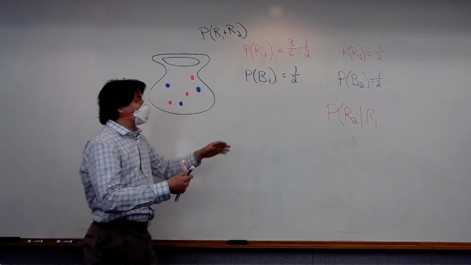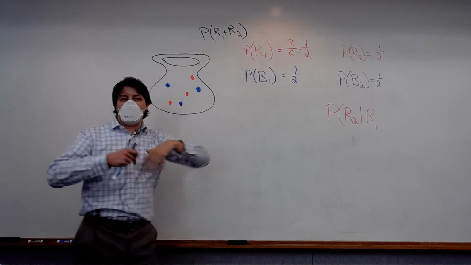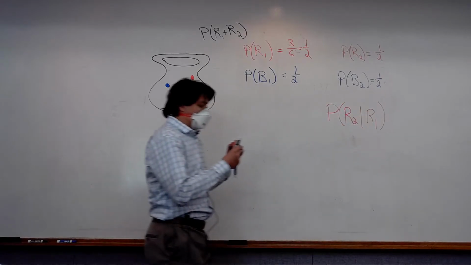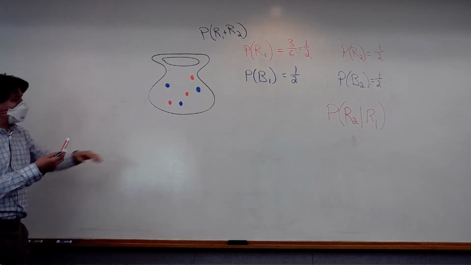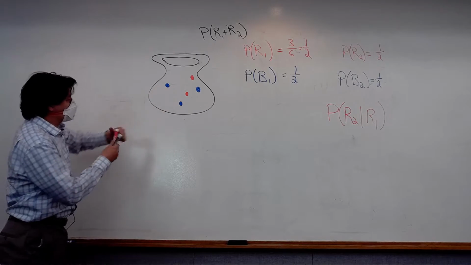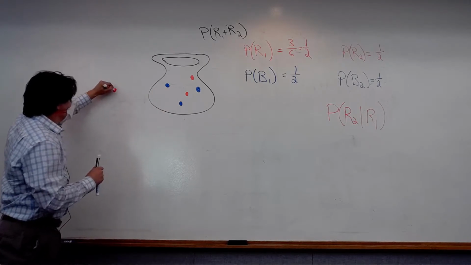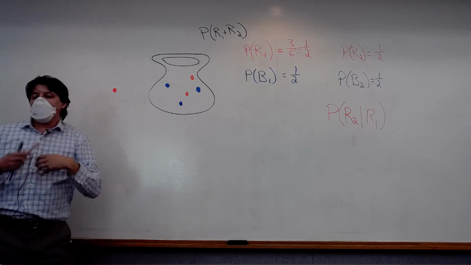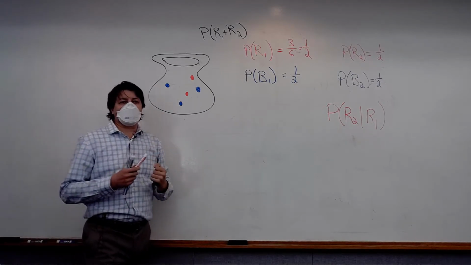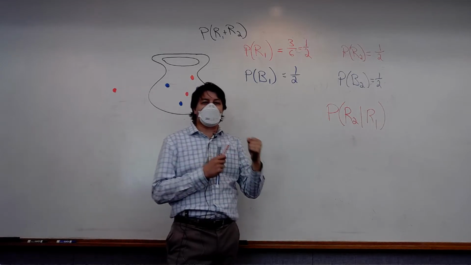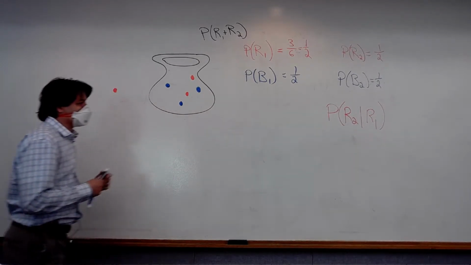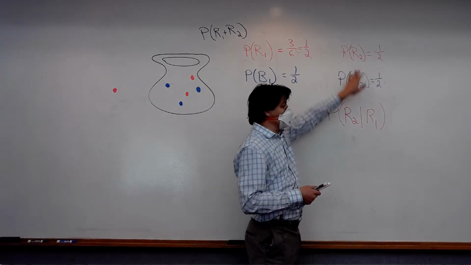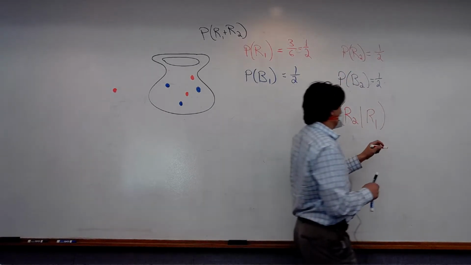Because if it's not red, we don't really care about it in our end calculation. So in the case that we drew a red marble out, it's outside of the bag, now we go back and put our hand in the bag, the probability of drawing a red marble has changed. Okay, it's a conditional probability. It's no longer just simply red 2, it's red 2 given that there was a red 1.